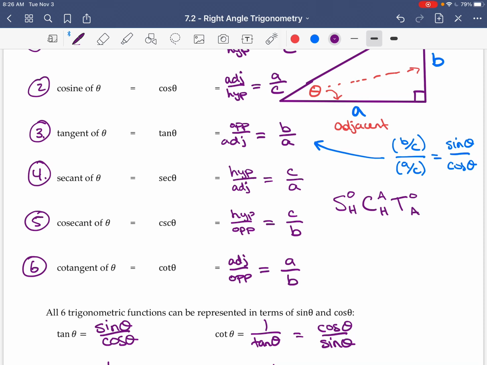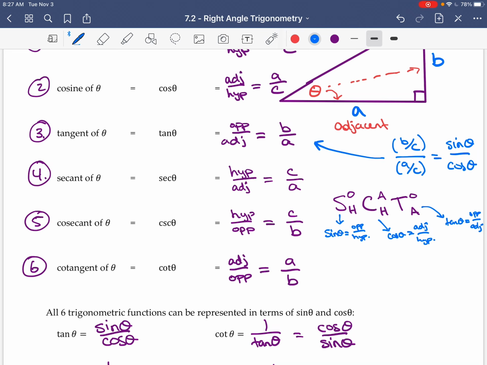What this tells you is that the sine function is the opposite over the hypotenuse. The cosine function is the adjacent over the hypotenuse. And the tan function is the opposite over the adjacent.